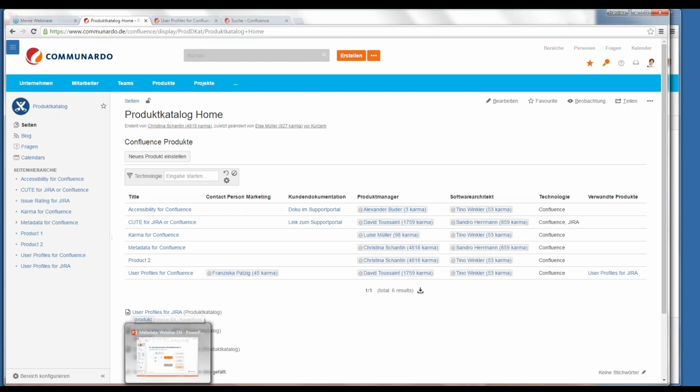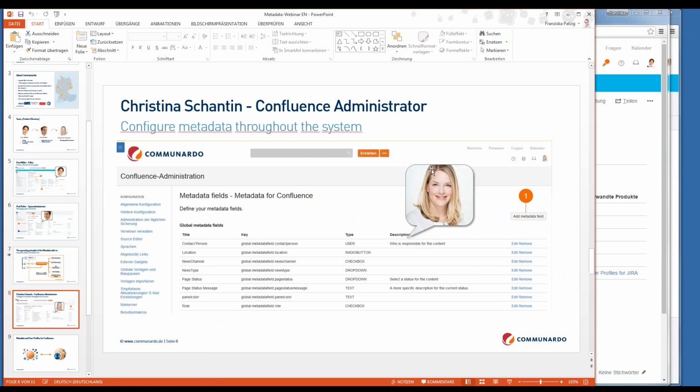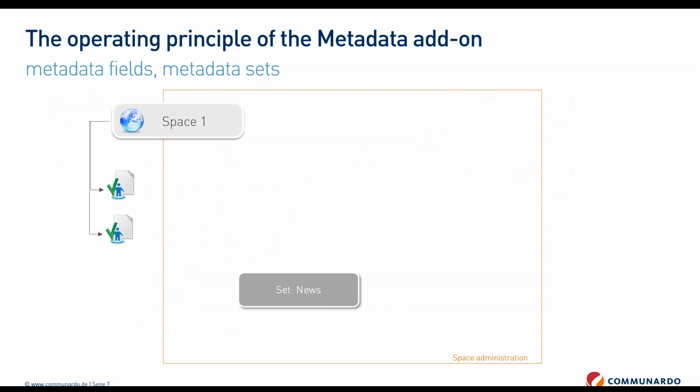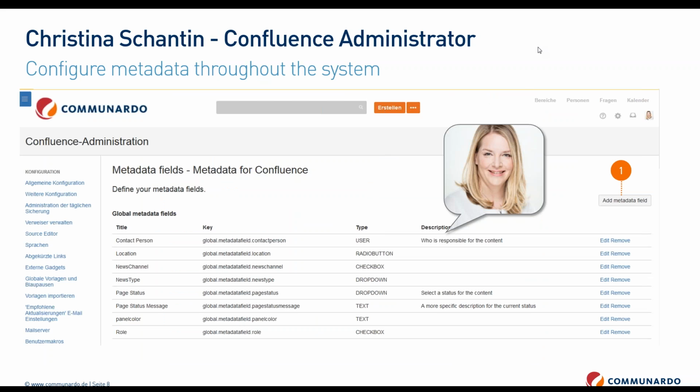Finally, there's another role I wanted to just quickly show you. For that, I'm going back to the presentation, since I don't have the login. Well, okay. The third role I wanted to show you was the one from Christina, which is Confluence Administrator, and which can configure metadata throughout the system.